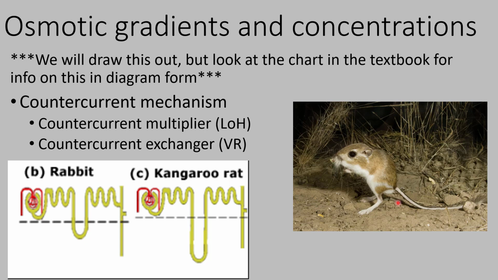And I do not mean that their urine is clear as crystal. No. What I mean is it's little crystals, solid, because they have absorbed so much water from it, little crystals, like sand almost, because of these really, really long loops of Henle.